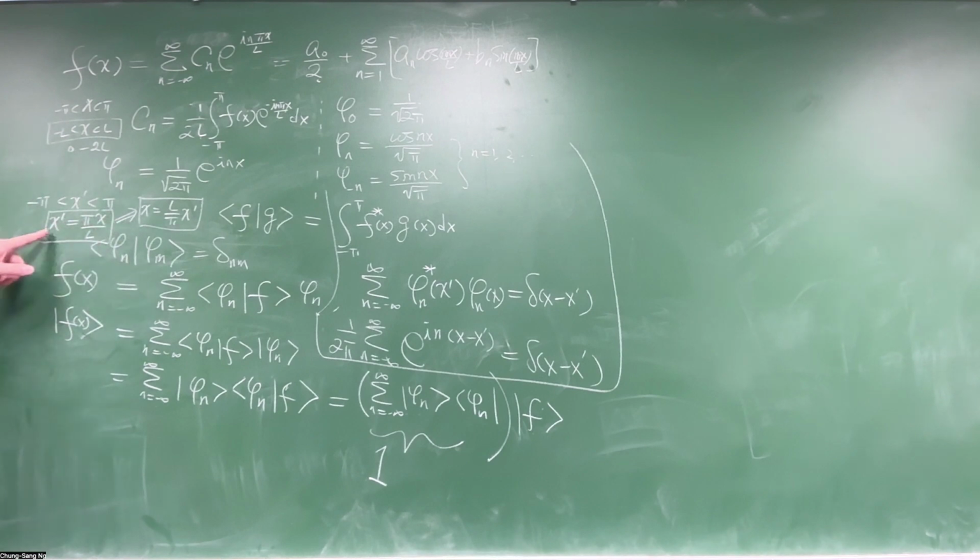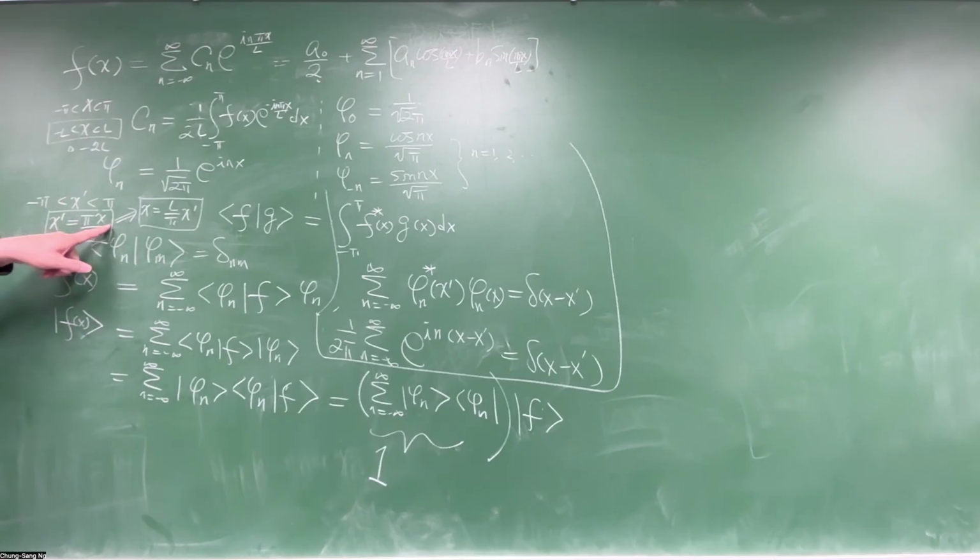To figure that out, we use this formula, because x has to be proportional to x prime, and we need to figure out the proportionality constant. The second condition is when x is L, then x prime must be pi. So you basically multiply by pi divided by L, so that when x equals L, you cancel the L and it becomes pi.